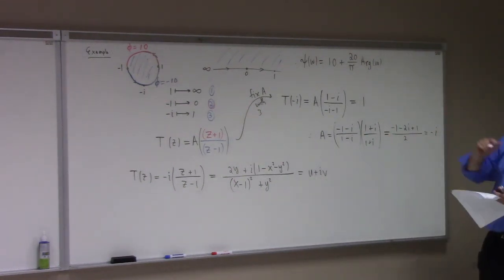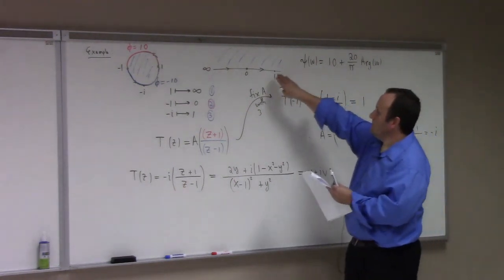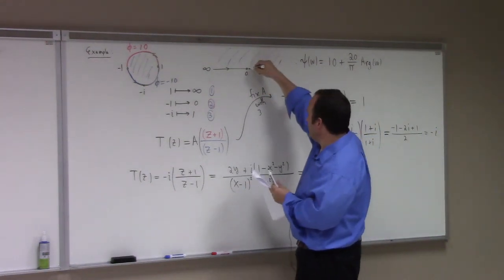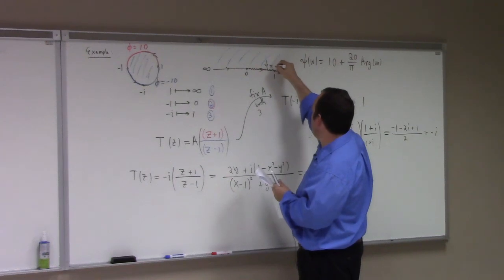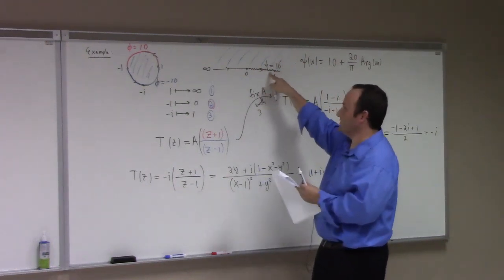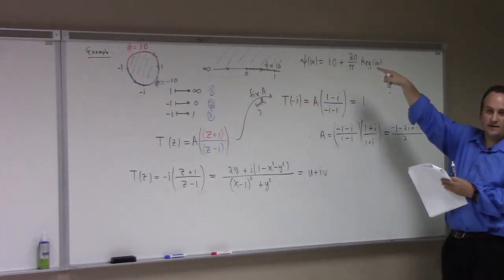We can fit that. You can check it out. What happens when you plug in any point up in here? What do we get? We get psi equals 10 because the argument of w there is 0.